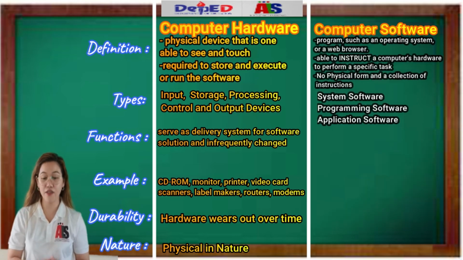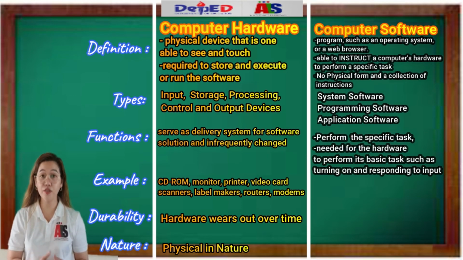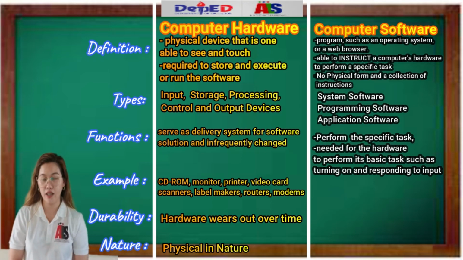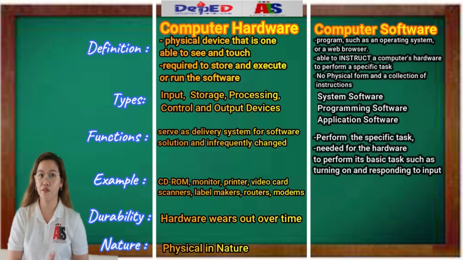And now we have the function of software. It is to perform the specific task you need to complete. Software is generally not needed for the hardware to perform its basic level tasks, such as turning on and responding to input. Now, what are the examples of software?